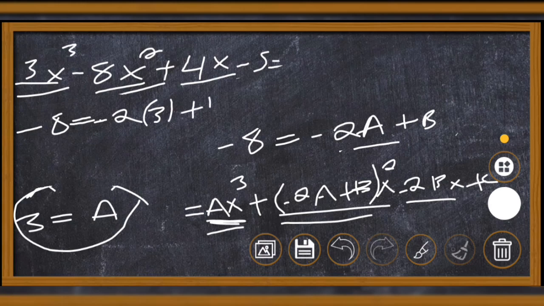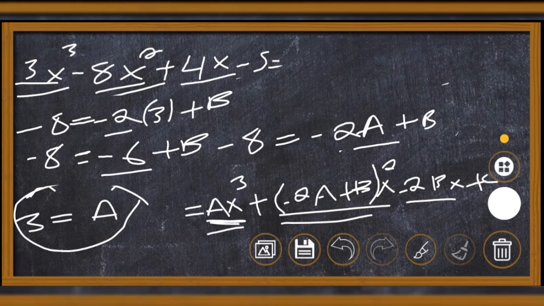So let's find the value for b. We can multiply negative 2 by 3 here. We are going to have negative 8 equals negative 2 multiplied by 3, which is negative 6, and then here we have b. So we can take this negative 6 to the left side.